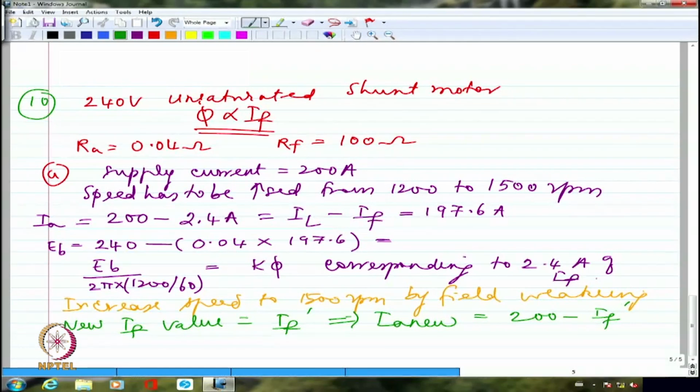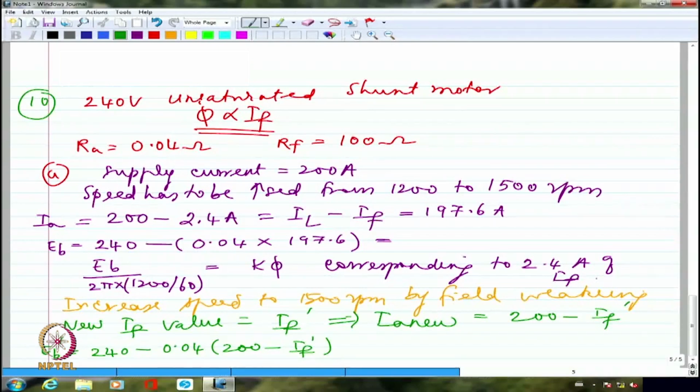Right? And 200 minus IF dash is IA new. So 240 minus 0.04 multiplied by 200 minus IF dash will be my EB new. Let me call this EB dash. Right?